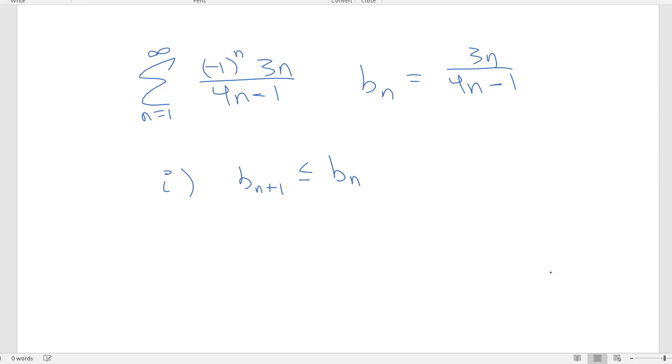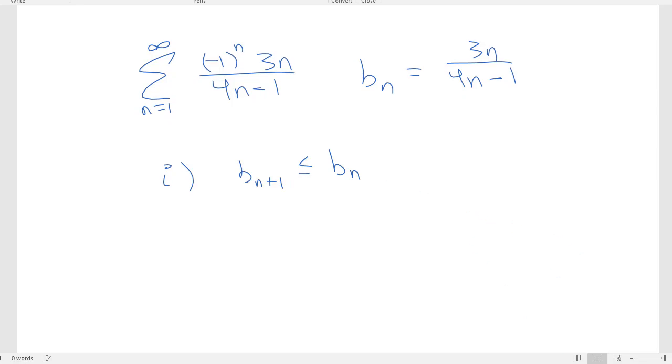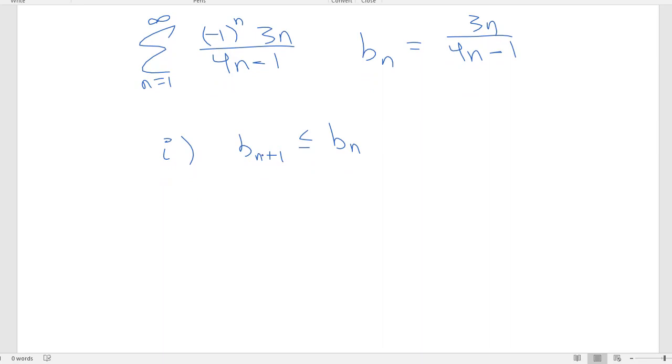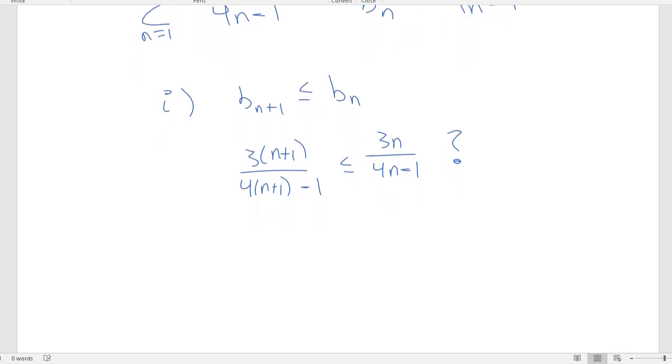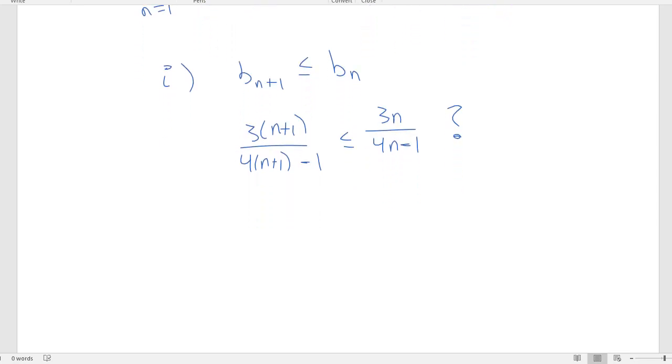I'm looking in this case at the n plus first term, which is 3 times n plus 1 over 4 times n plus 1 minus 1, and I'm asking, is this less? Now, the way we've been dealing with these up to this point, we've been simplifying this through algebra. So I want to keep going through that work. Let's simplify this through algebra and see what we can achieve.